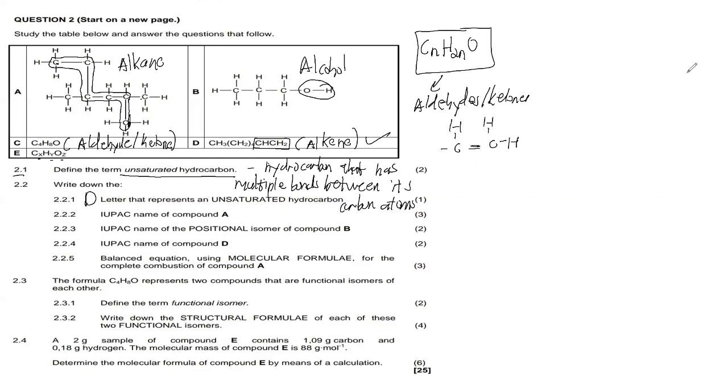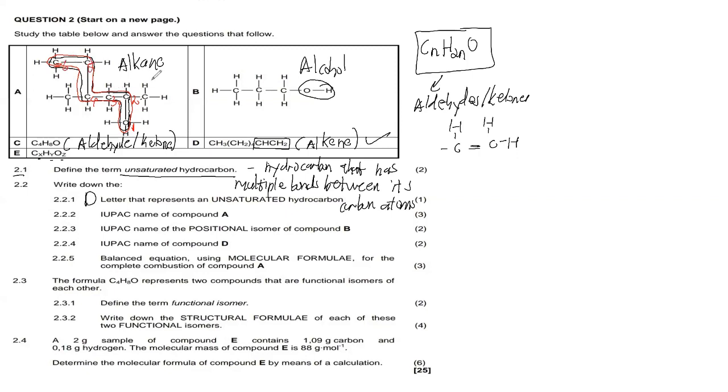So that means this is our longest chain. Let's make it visible. This is our longest chain. And then numbering, this is 1, 2, 3, 4, 5, and 6.